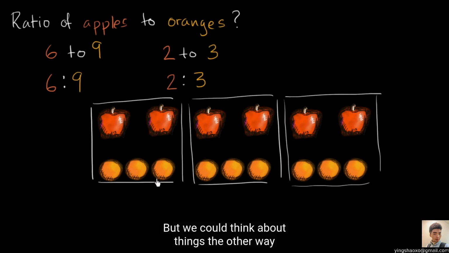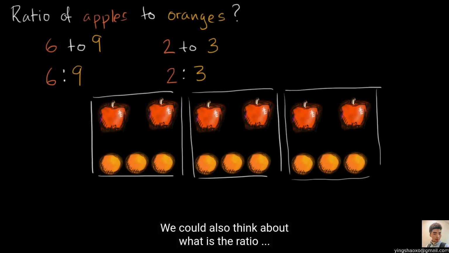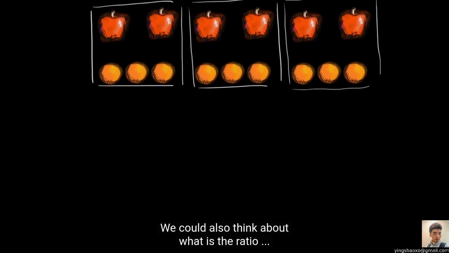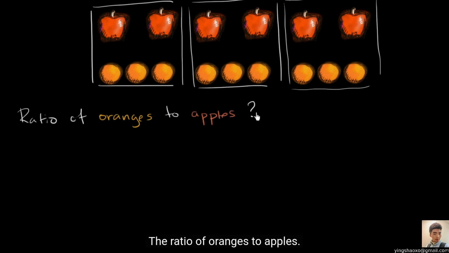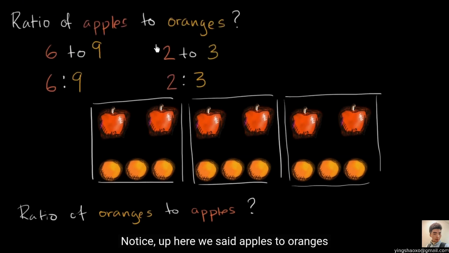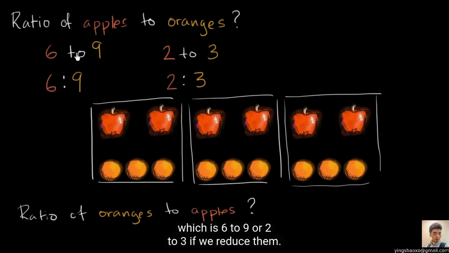Well, we could think about things the other way around as well. We could also think about what is the ratio of oranges to apples. And here we would essentially switch the numbers. Notice, up here we said apples to oranges, which is 6 to 9, or 2 to 3 if we reduce them.